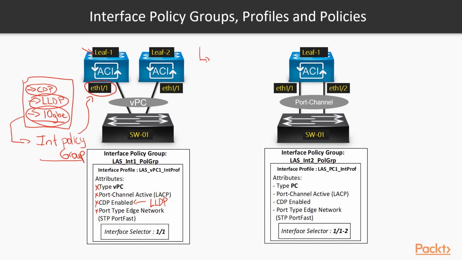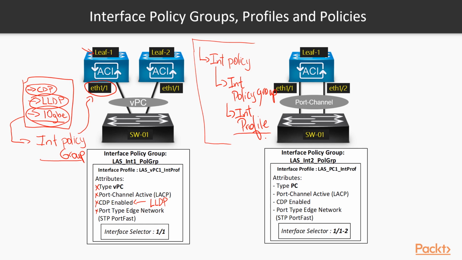The first item that you are going to configure or create is the interface policy, which then gets added into an interface policy group, which then finally attaches to the interface profile. Policy goes to policy group goes to interface profile. Got it? So this is the way that we configure an interface in ACI. Once we configure those attributes, we then, on the profile, assign the interface to which we're going to be applying those particular parameters. Okay, understand? So let's take a look at what we have here.